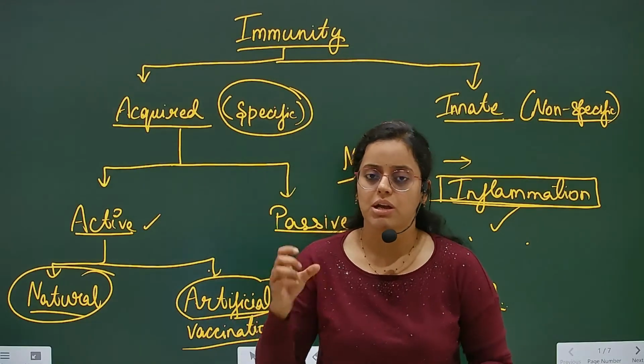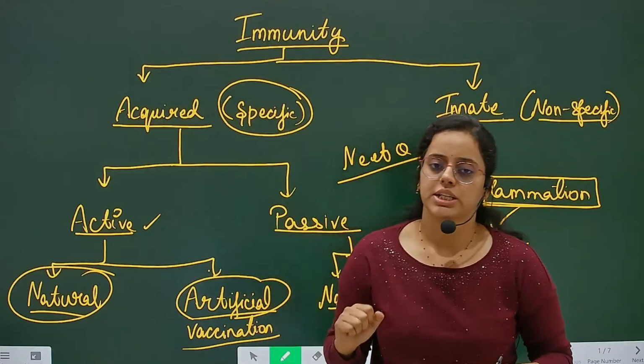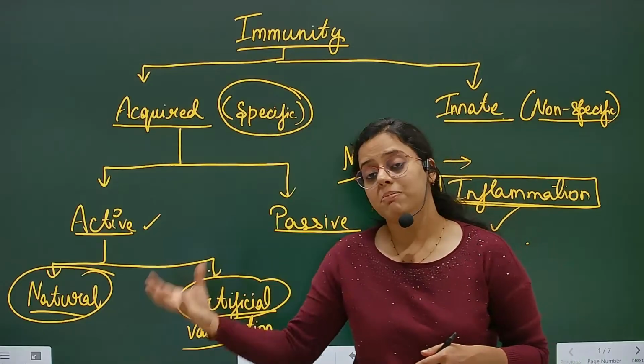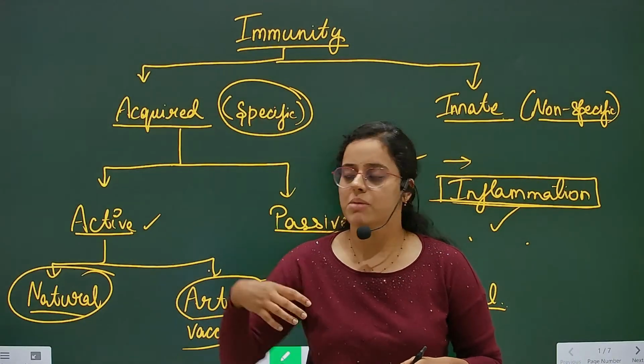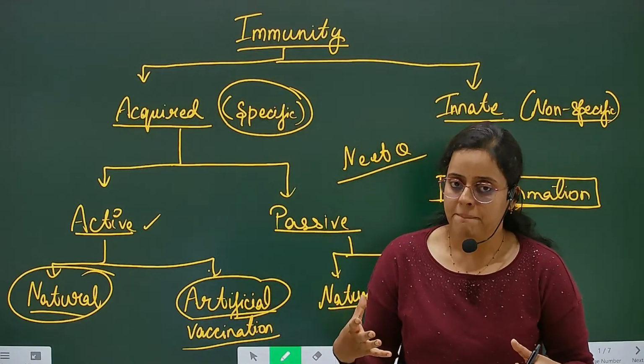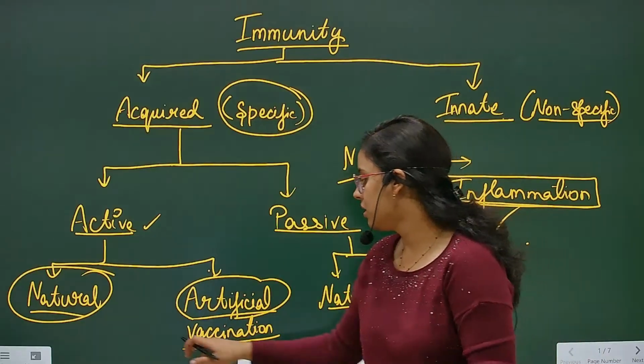The memory T cells form a memory of this dead virus or dead bacteria, and if the person later gets this infection from another person, the immunity is triggered and it will kill the pathogen very quickly. So this is used in vaccination.